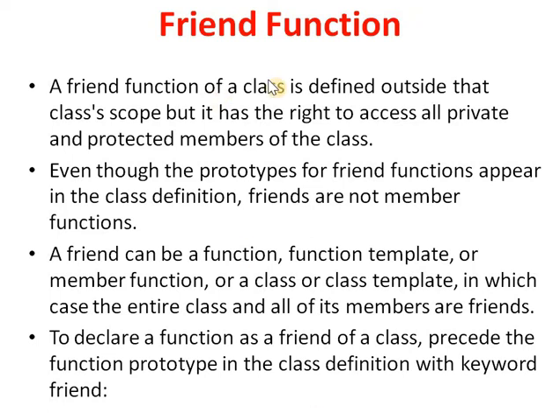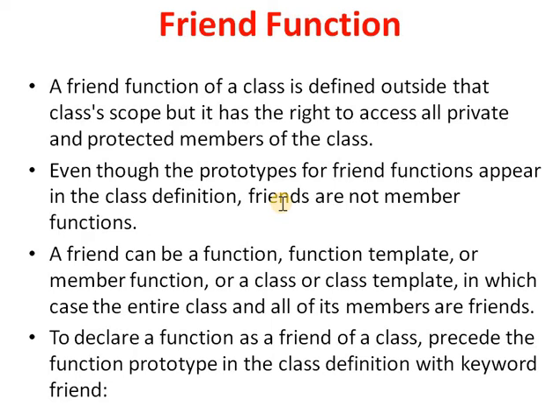This is a friend function. In short, a friend function is one function that is defined outside of the class scope, but it can access all the private and protected members of the class. Even though prototypes for the friend functions appear in the class definition, friends are not member functions.